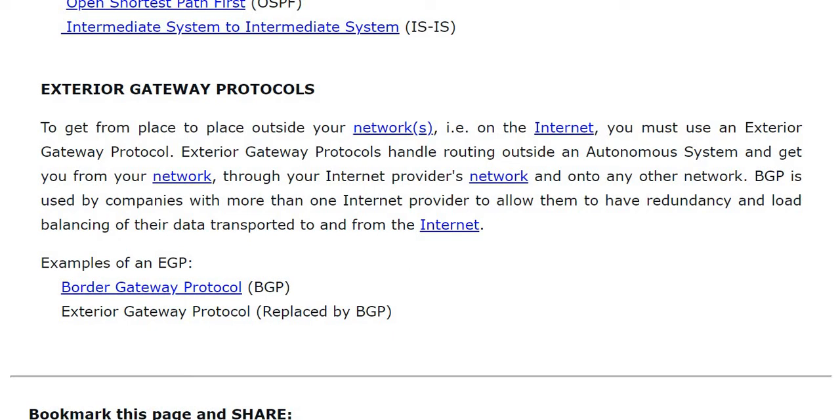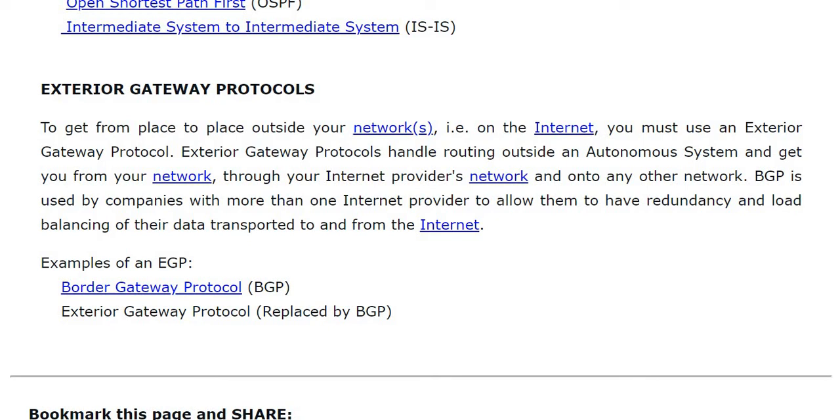But if we want to connect to outside routers on the internet, we need to use the exterior gateway protocols. So you must use an exterior gateway protocol. The exterior gateway protocol handles routing outside an autonomous system.